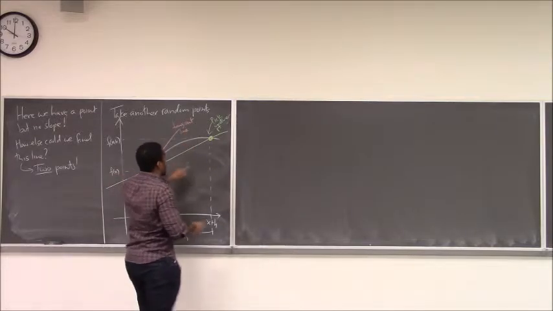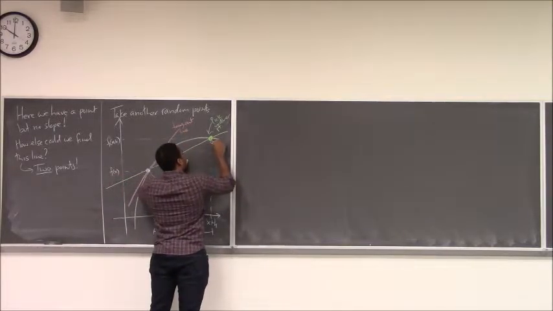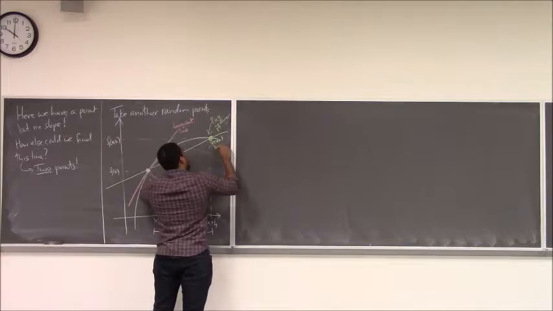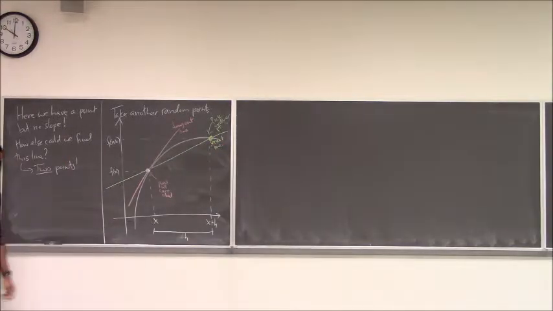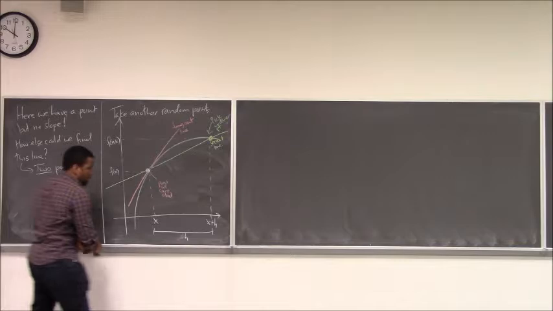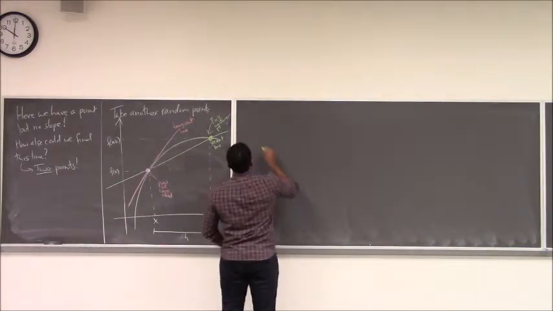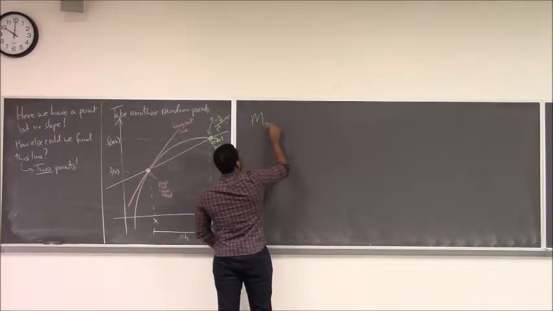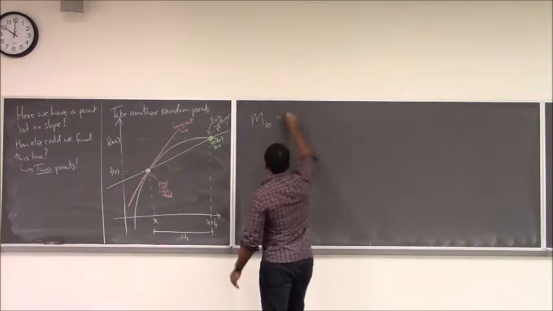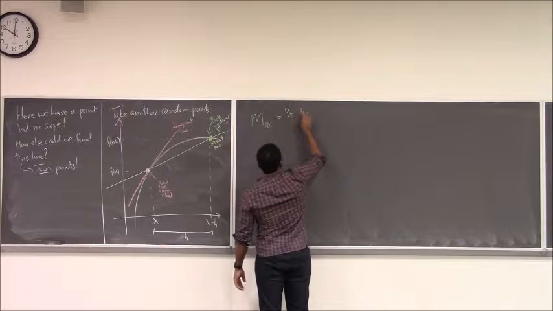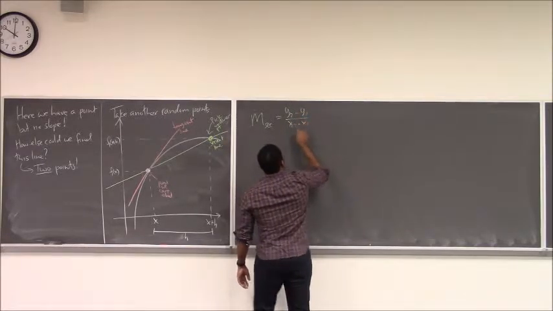And the green line is called a secant line. So that's the name we gave them. And essentially, what we now realize we can do is find m for the secant line just by using our formula, y2 minus y1 over x2 minus x1.